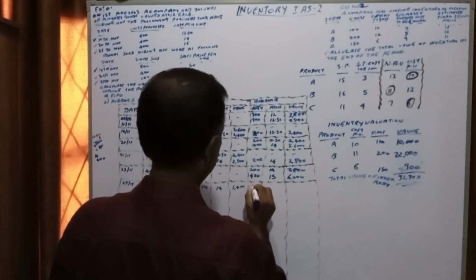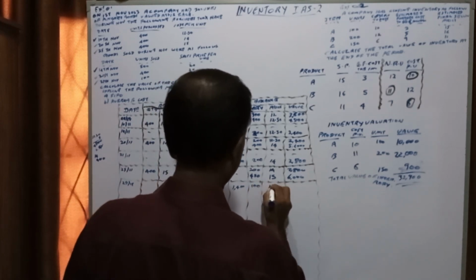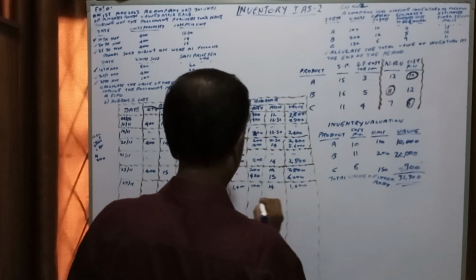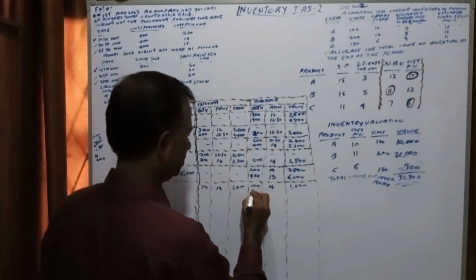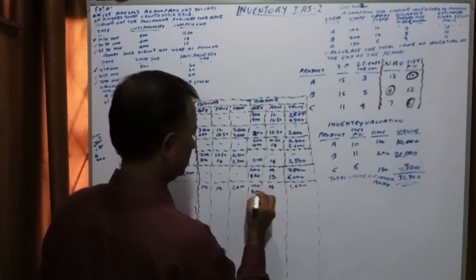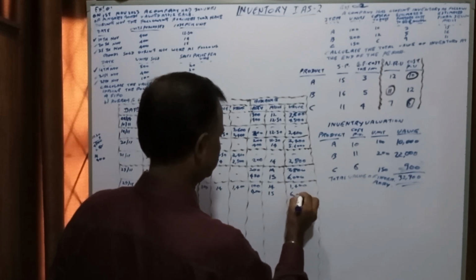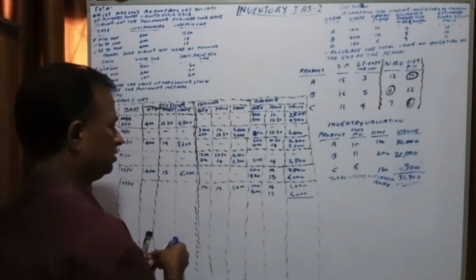So here you have 100 units at the rate of 14, that is 1,400, and 400 units at the rate of 15 rupees, that is 6,000. This is the cost, this is the value.